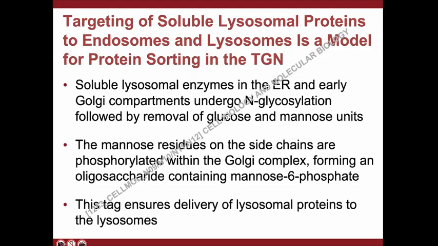So within the Golgi apparatus, the mannose residues also on the carbohydrate side chain of your lysosomal enzymes are phosphorylated and form an oligosaccharide containing a mannose 6 phosphate. So this oligosaccharide tag now distinguishes soluble lysosomal proteins from other glycoproteins and ensures their delivery to your lysosomes.